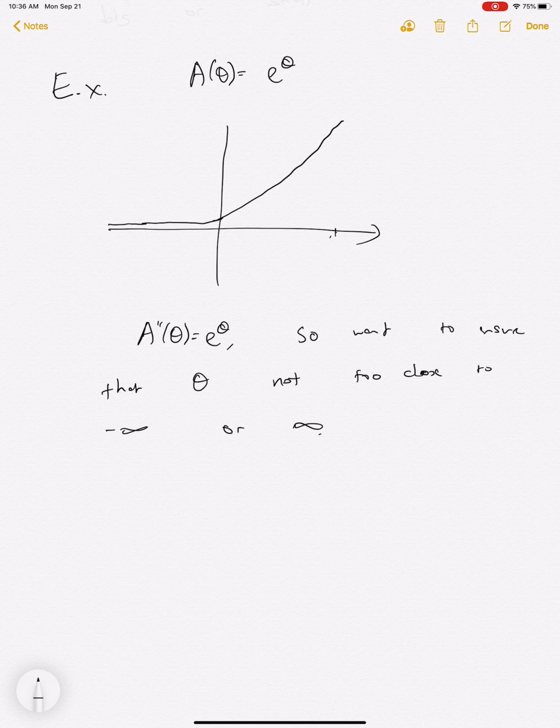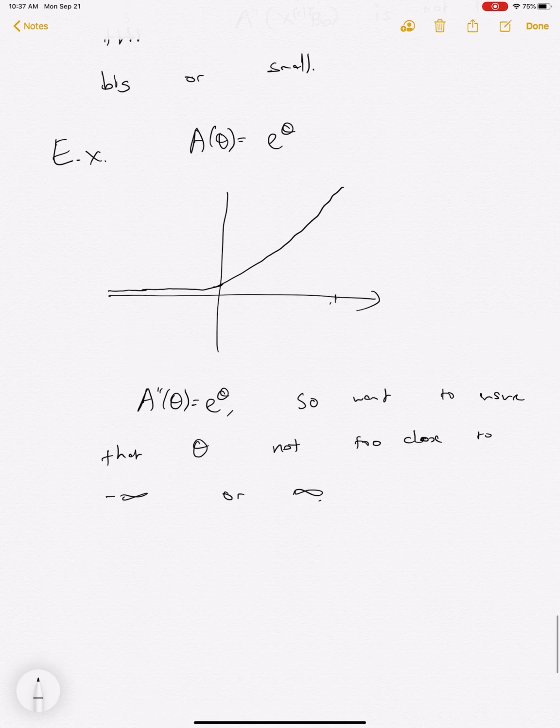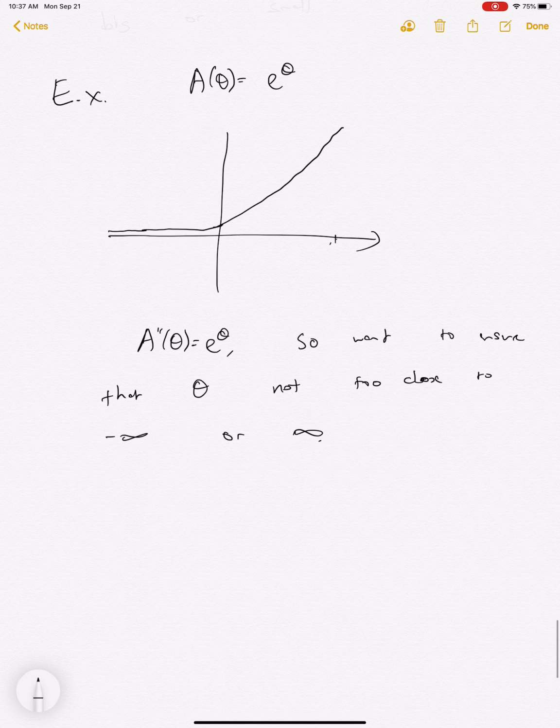So therefore what we ideally want is to choose theta close to 0.